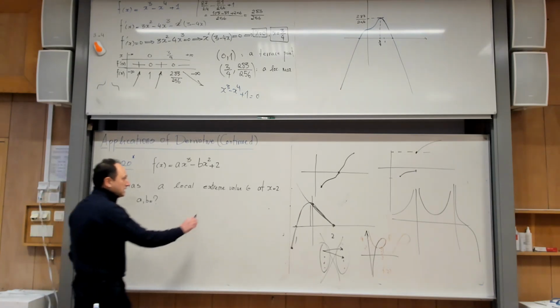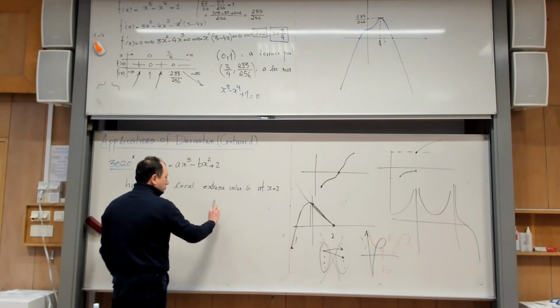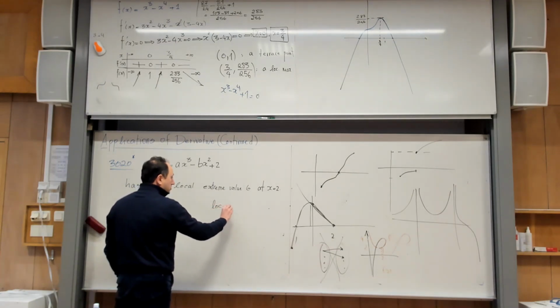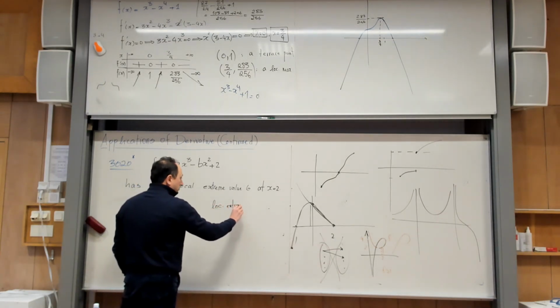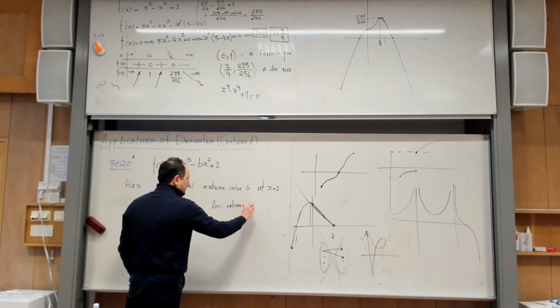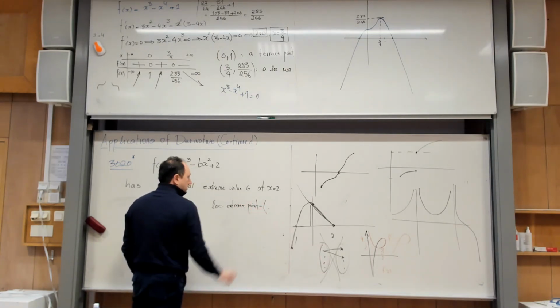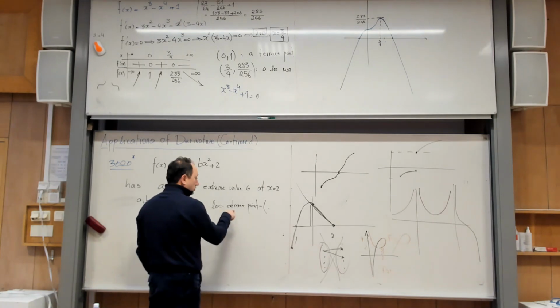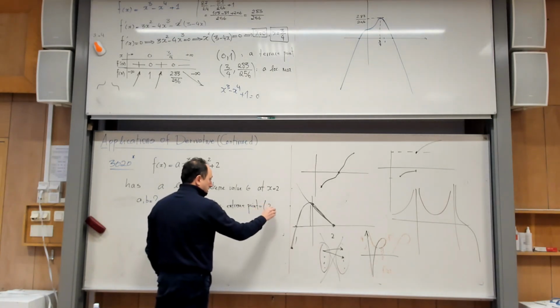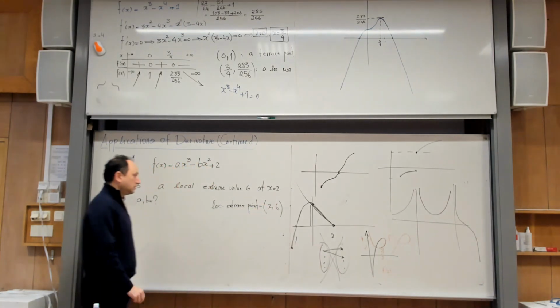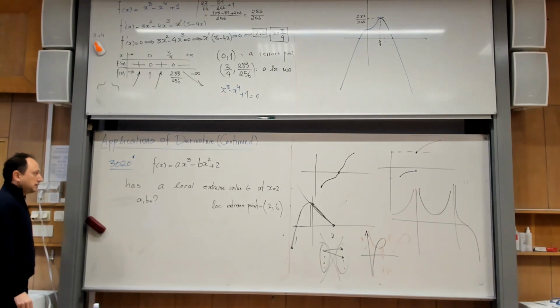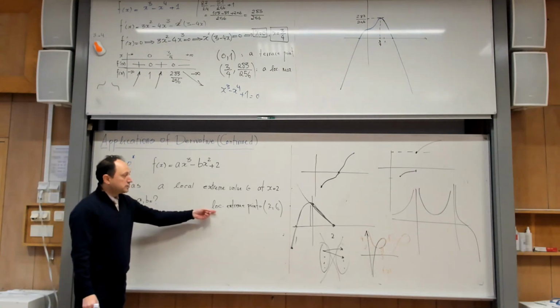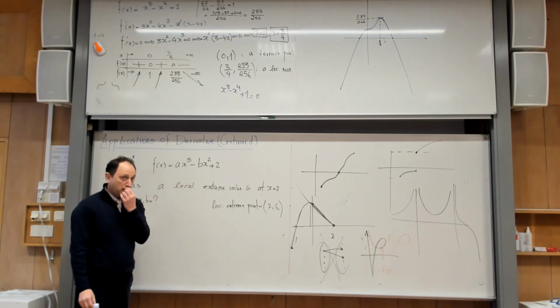So you see, if I want you to write the local extreme point, what is it? 2 and 6. So, a local extreme point, first of all, is a point on the graph.